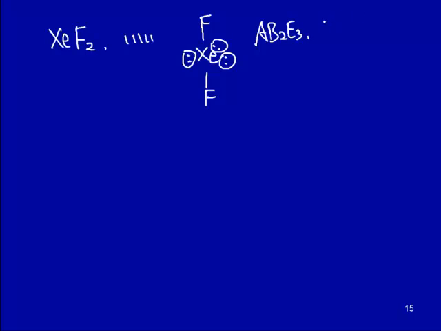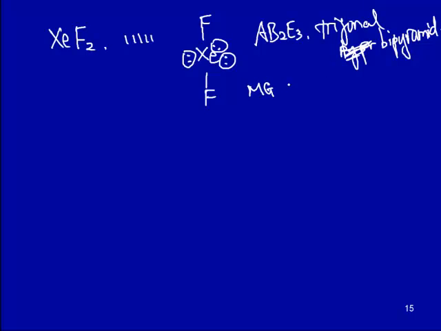The electron group geometry is still trigonal bipyramid. However, the molecular geometry changed, and now it is linear. So the bond angle is 180 degrees.